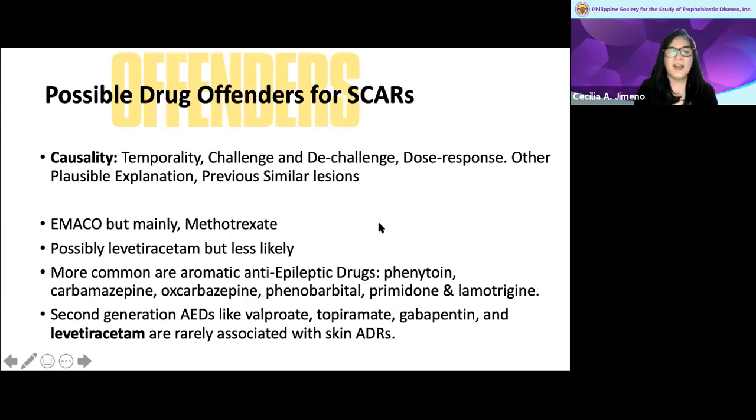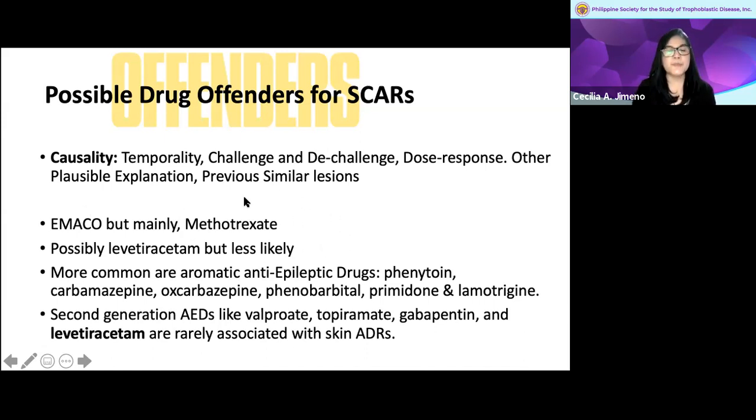And there are actually no other plausible explanations at the time when the SCARs happened. The patient did not yet have any infection. And therefore, if you think about it, what could have potentially caused the severe cutaneous adverse drug reaction? As I showed you in the VigiBase WHO database, all of them are associated with SCARs, SJS, but predominantly methotrexate.